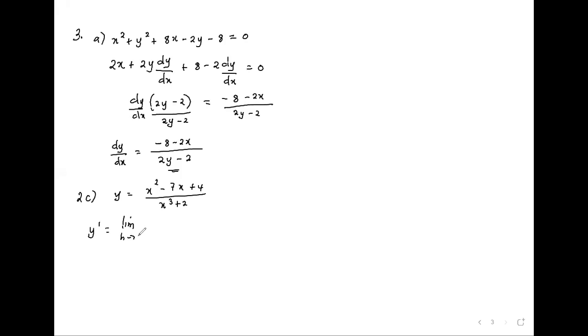as h tends to 0 of (x plus h) squared minus 7(x plus h) plus 4 over (x plus h) to the power 3 plus 2, minus x squared minus 7x plus 4 over x cubed plus 2, everything divided by h.